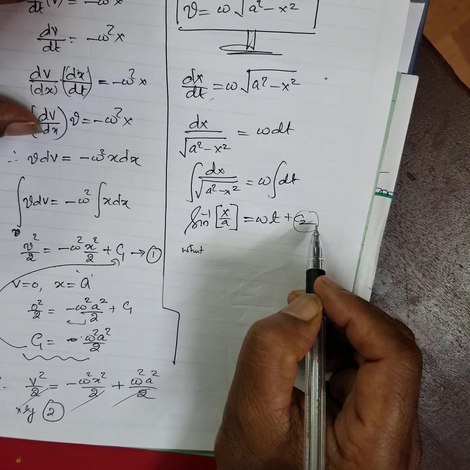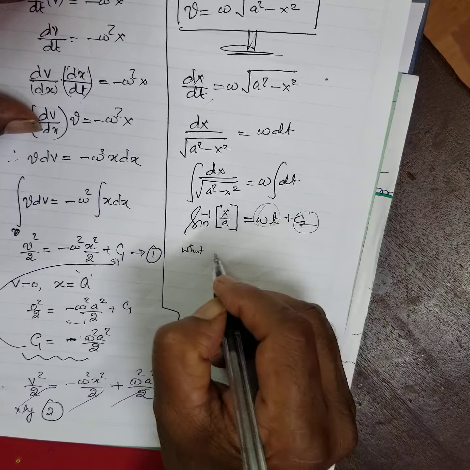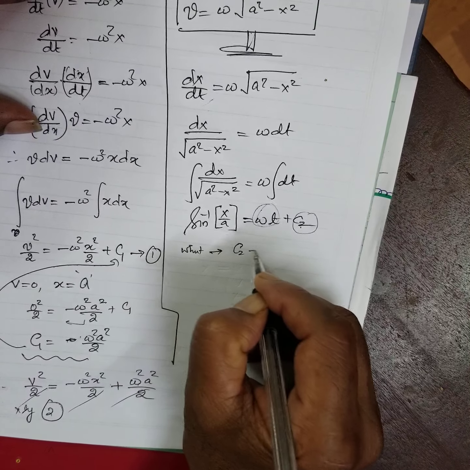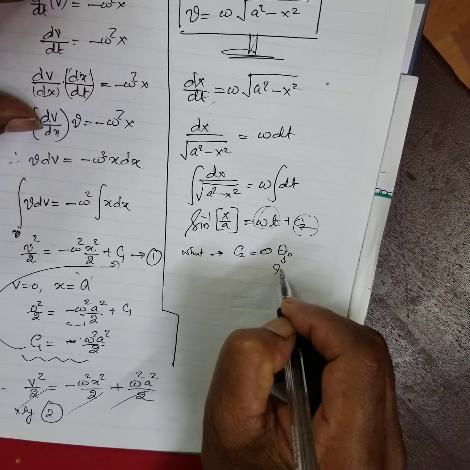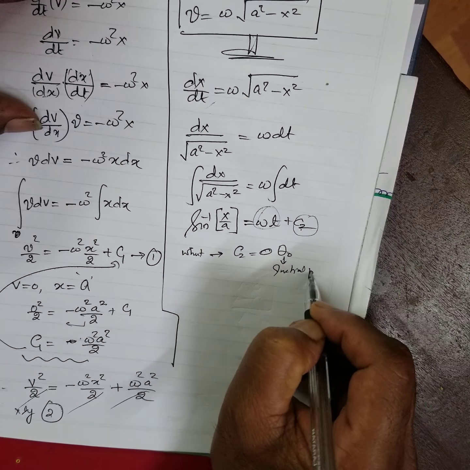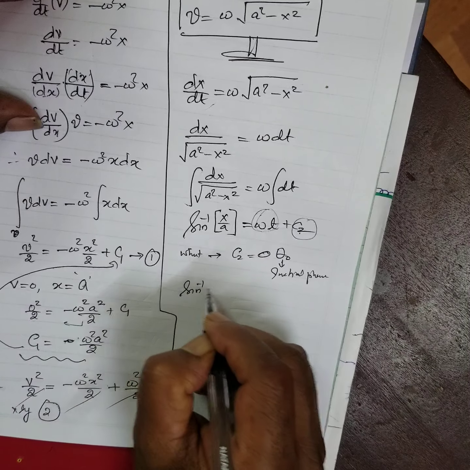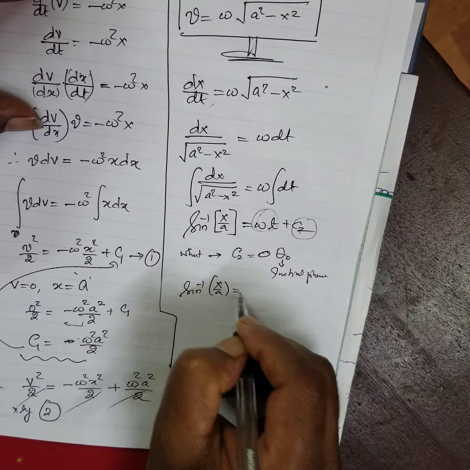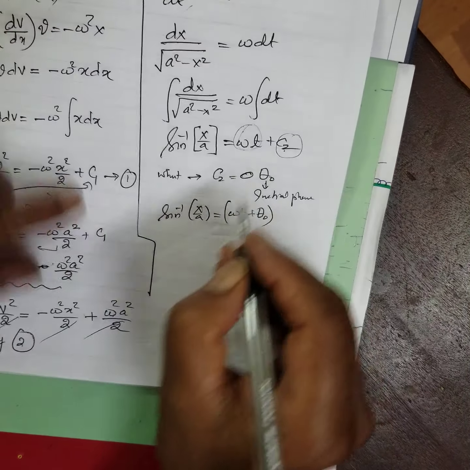Here c2 represents some angle, right? Therefore, I write c2 as some angle theta naught. This is also called the initial phase. Therefore, sin inverse x by a is equal to omega t plus theta naught.